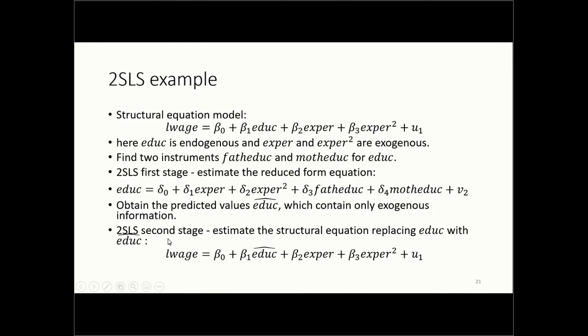Then in the second stage, we estimate the structural equation replacing education with education hat. If you notice, this equation is the same as the equation up here, only that education, the endogenous variable, is replaced with education hat, which only has exogenous information in it because it's picking it up only from the other exogenous variables and two instruments which are also exogenous.